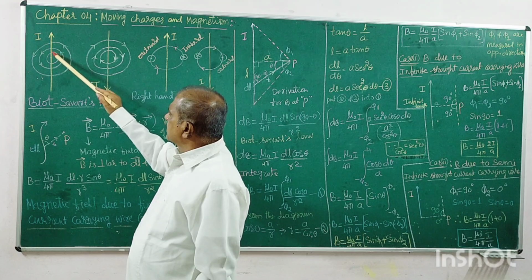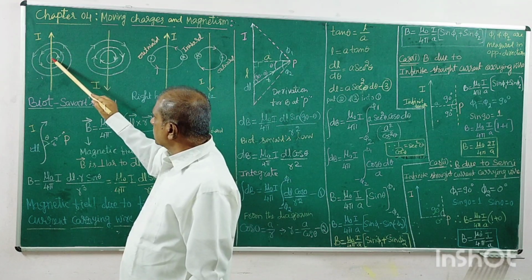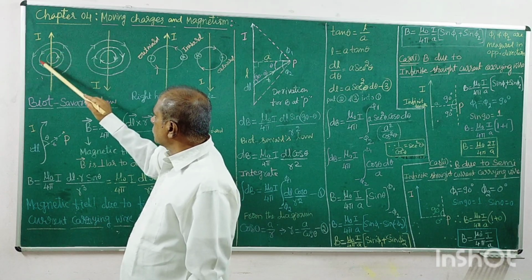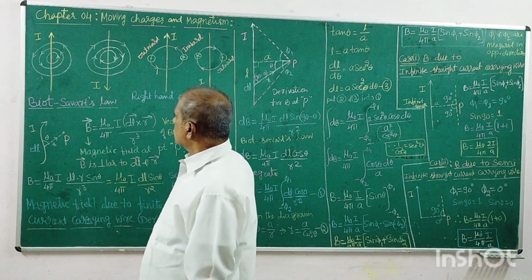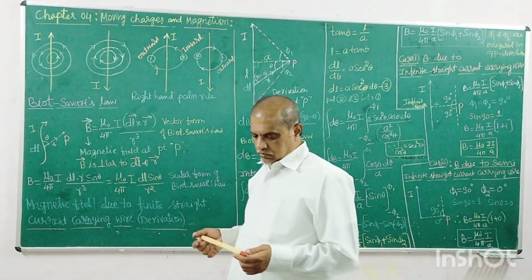These concentric circles are drawn about a single point. There is a concentric circle about this point. It shows magnetic lines of force.